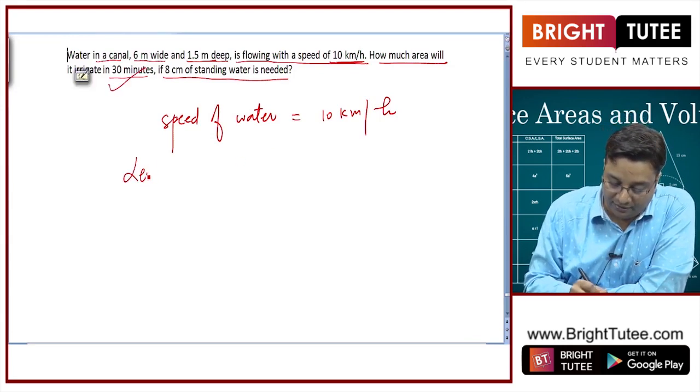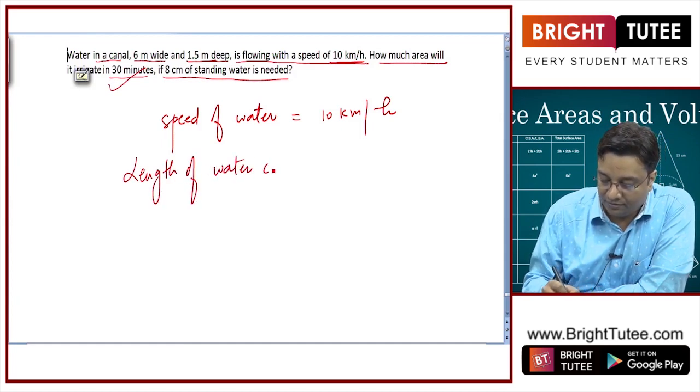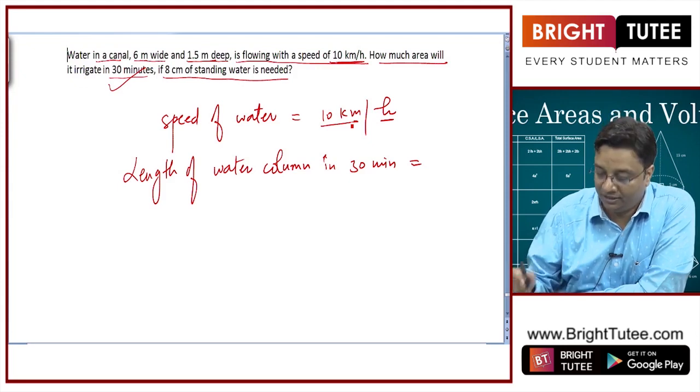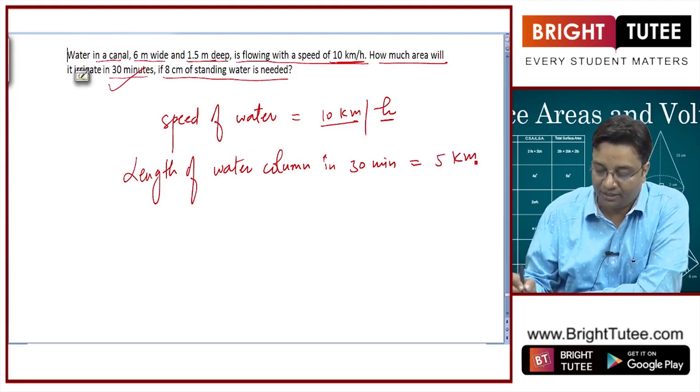So length of water column in 30 minutes is equal to, in 1 hour it is 10 km, right? So in 30 minutes, half the time it will be 5 kilometers. So if I want to convert it into meters, it will be 5000 meters.